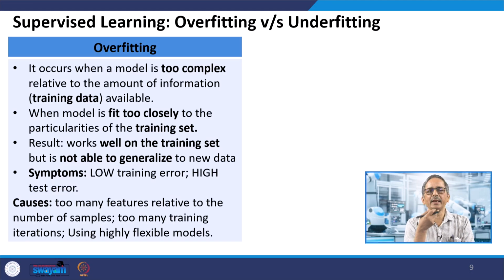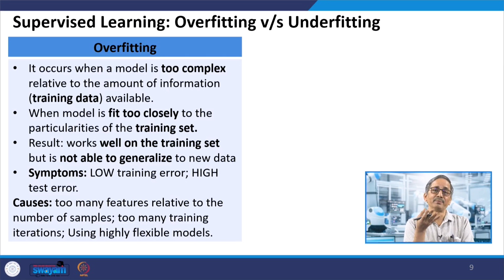When our model is very complex relative to the amount of training data available and fits very closely to the particularities of the training set, it will work very well with the training data, but it may not work very well with your test data. So, it will not be able to generalize to new data.